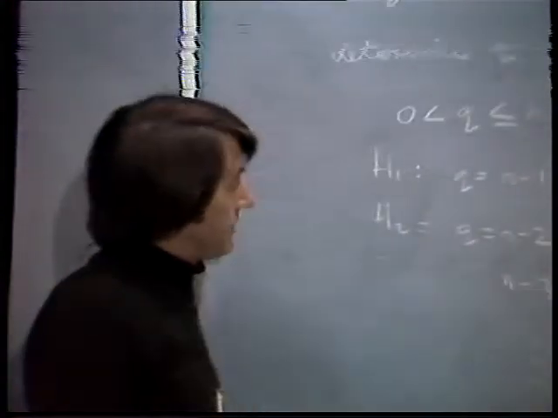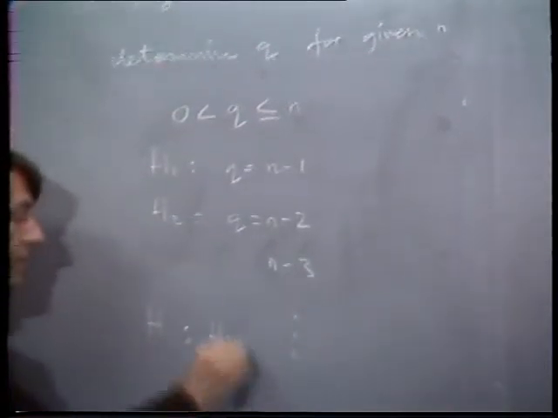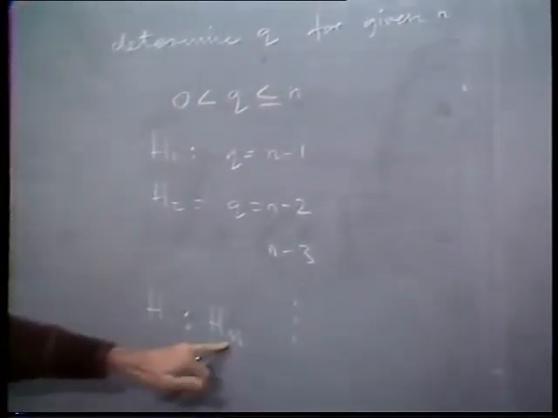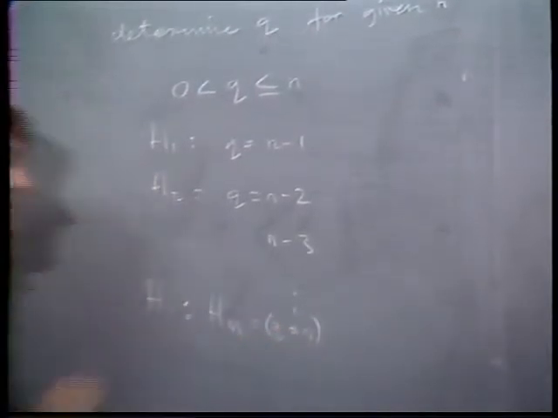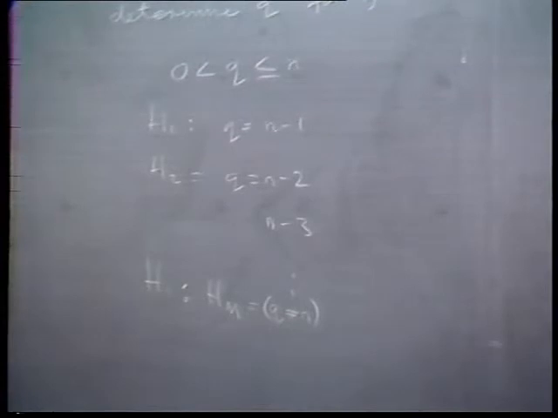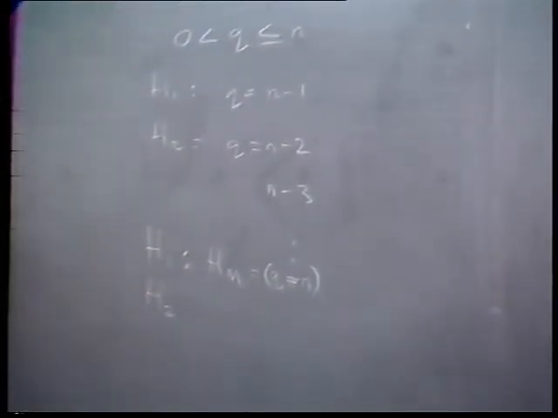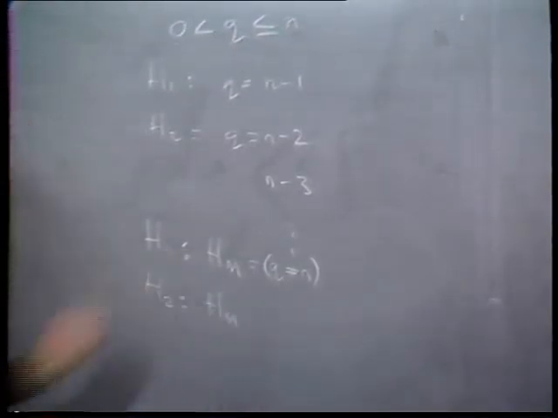But in fact, the sequential testing procedure that they proposed differs from the optimal sequential testing procedure of Anderson, in that the tests that they suggest are that you test H1 against the maintained, and the maintained is that q equals n. You then, if that isn't rejected, test the hypothesis H2 against the maintained.